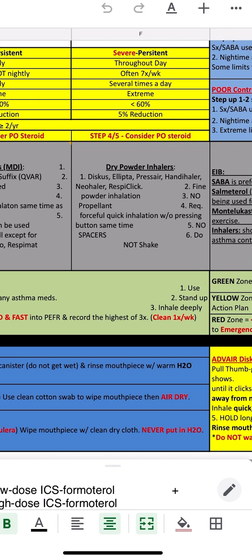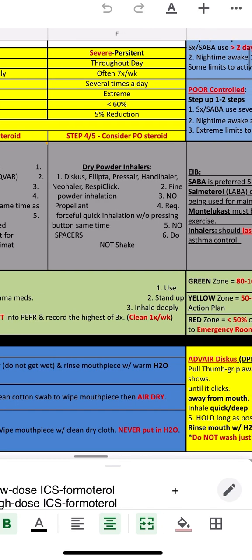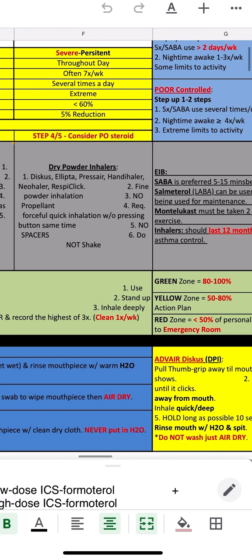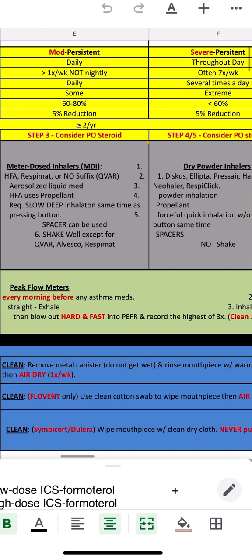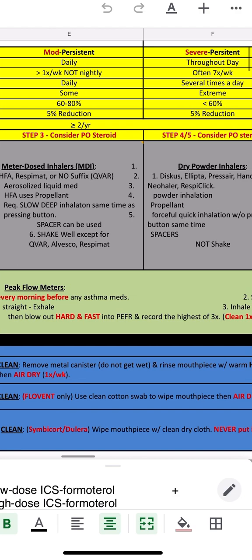You don't need to use a spacer, but you need to inhale forcefully and quickly. Dry powder, you need to breathe in forcefully, without pressing buttons at the same time. For metered-dose inhalers, you have to slowly and deeply inhale, and at the same time press down the button.